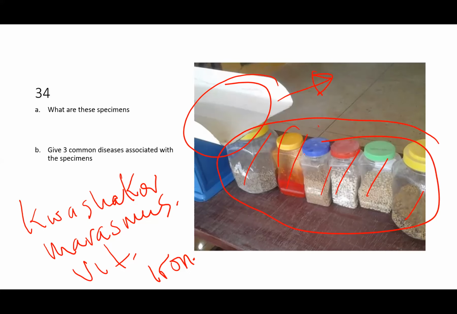Here, this is beta carotene, palm oil, vitamin A. This is protein, carbohydrate. So they can have protein energy malnutrition.